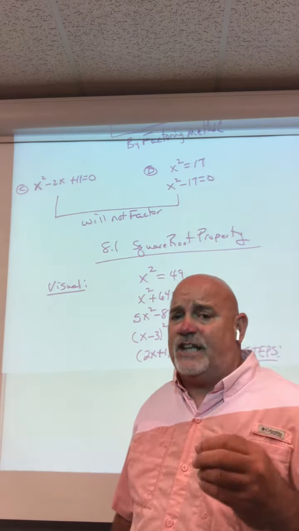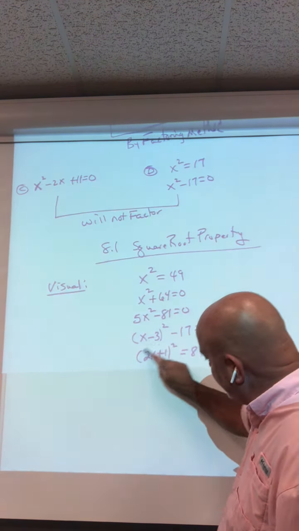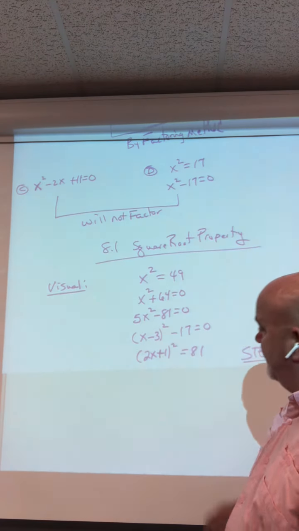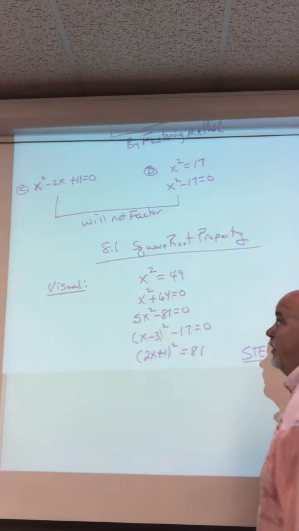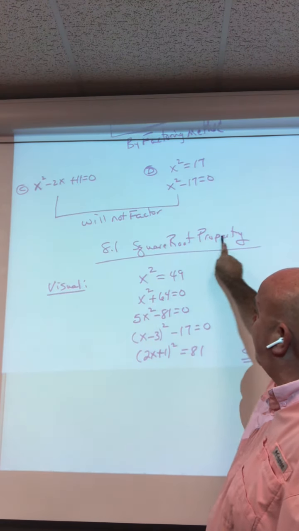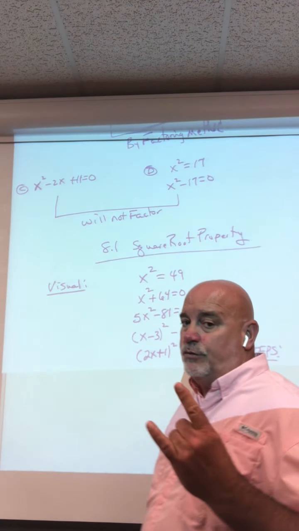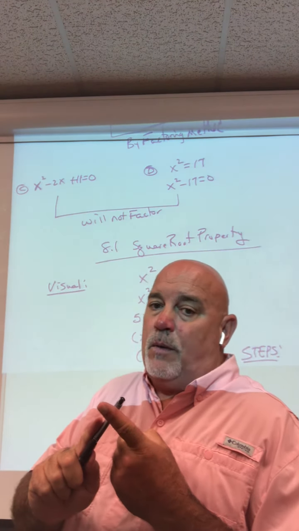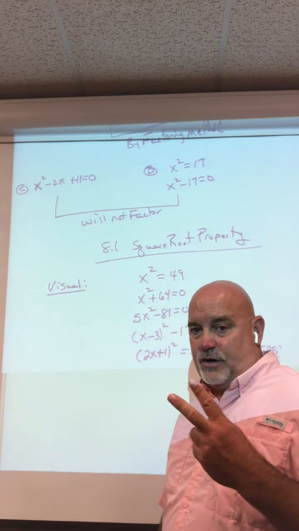So it may not be just x squared. It may be some x stuff squared. But still, this is 2 terms each time. So you can use the square root property on any quadratic equation that has 2 terms, one of which will be your squared term, and the second one will be your constant term.